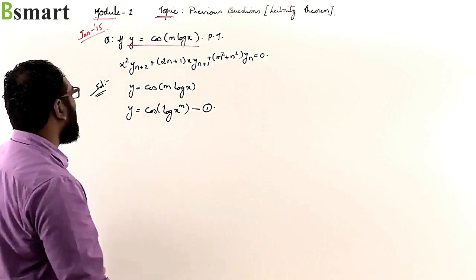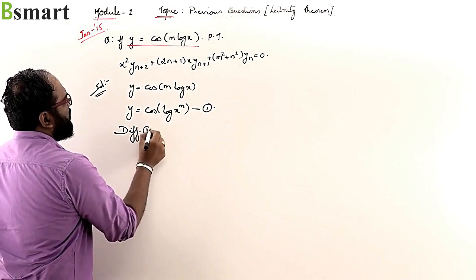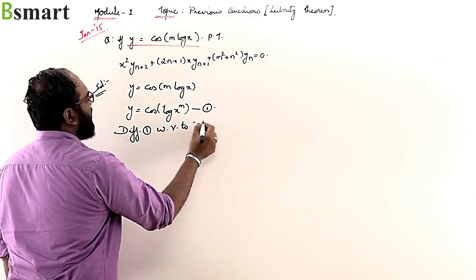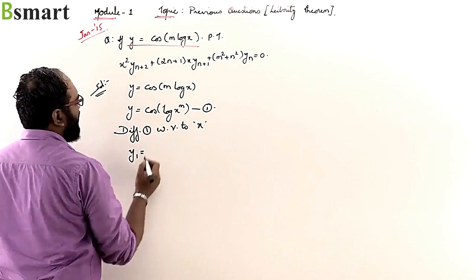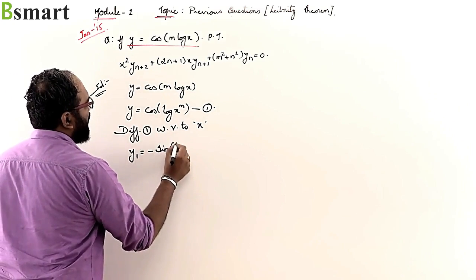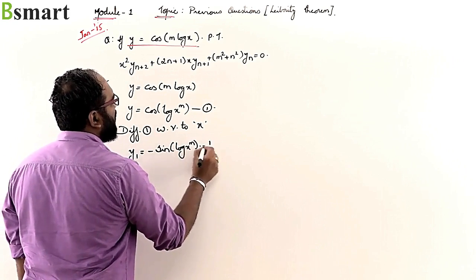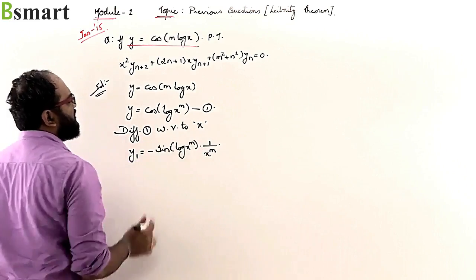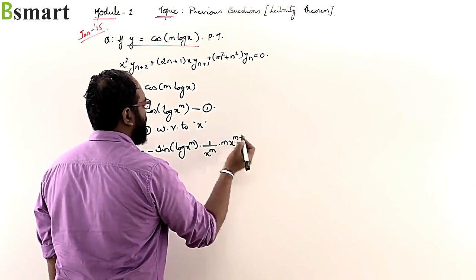Now differentiate 1 with respect to x. So if we are differentiating 1 with respect to x, then y1 is equal to the derivative of cos, that is minus sine of (log x) to the power m, into the derivative of log, that is 1 by x to the power m, into the derivative of x to the power m, m into x to the power m minus 1.